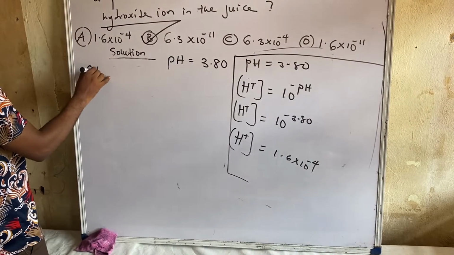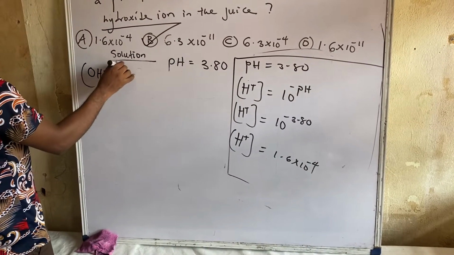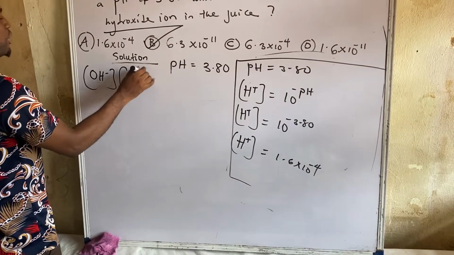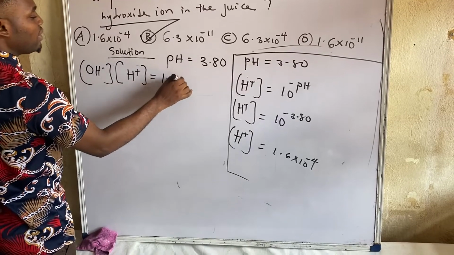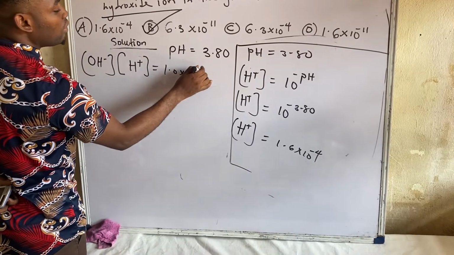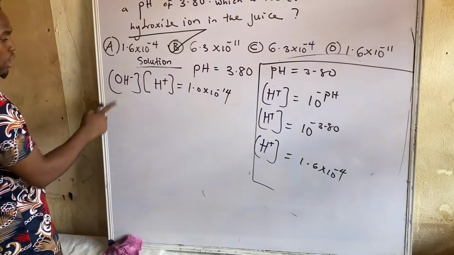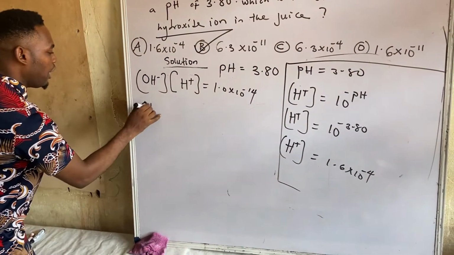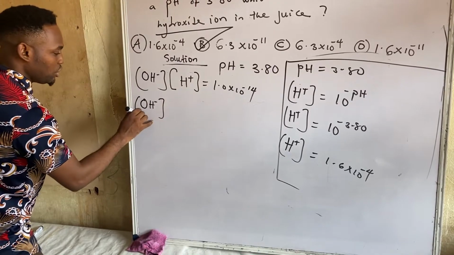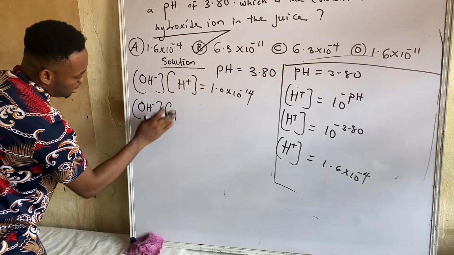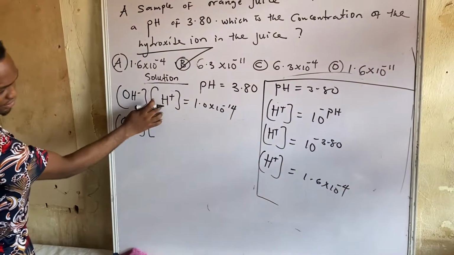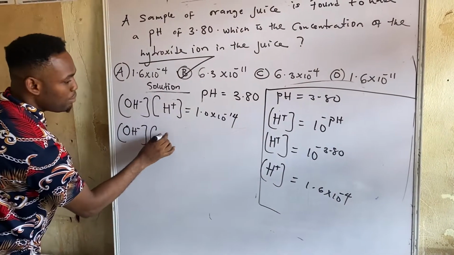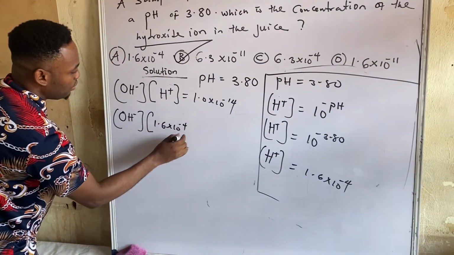Recall that OH minus concentration when multiplied by H plus concentration will give us 1.0 times 10 to the power what? Minus what now? 14. Of course, do I have H plus now? Yes, this is it here. So OH minus concentration times this 1.6 times 10 to the power minus 4.